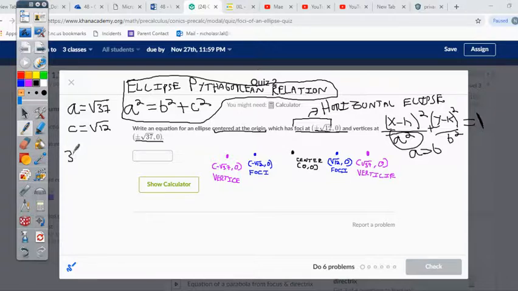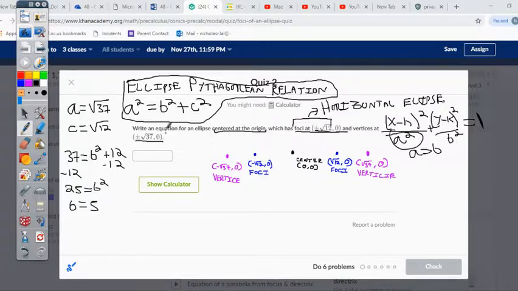So 37 is equal to B squared, and then C squared, root 12 squared, is just 12. So subtract 12 from each side. 37 minus 12 means 25 is equal to B squared, which means B is equal to 5.